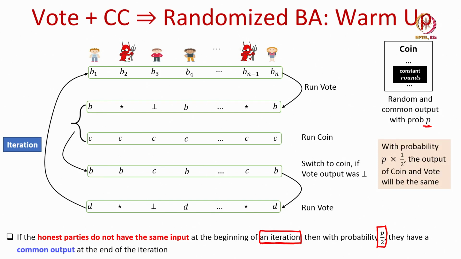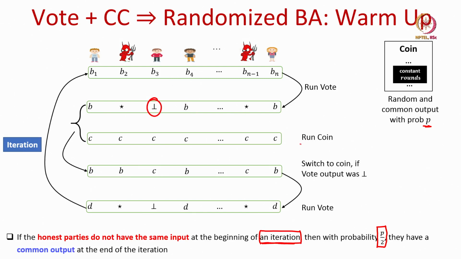Why so? The first instance of the vote is run over a mixed bag of inputs where the honest parties have different inputs. As a result, the vote protocol might produce a common bit B for one subset of honest parties and the output ⊥ for another subset of honest parties.